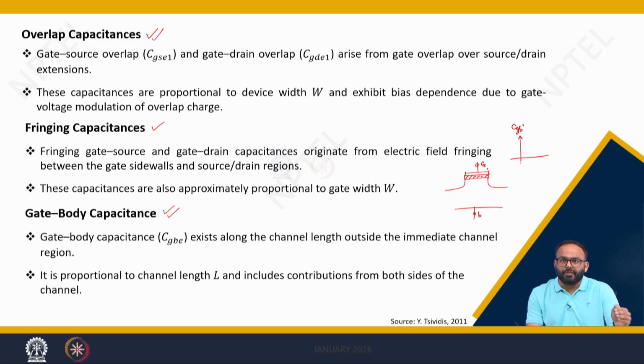If it is in cutoff region, meaning you are applying the voltage such a way that there is no depletion and inversion, and hence CGB can be given as COX into W into L, the overall capacitance, right? When you operate in a linear region, it will divide half-half. And when you operate in inversion region, it will be 2 by 3 into COX into WL at the source side and 1 by 3 into COX into WL at the drain side. Again, this is a layman calculation which gives you these values.